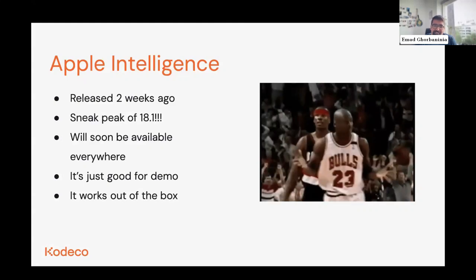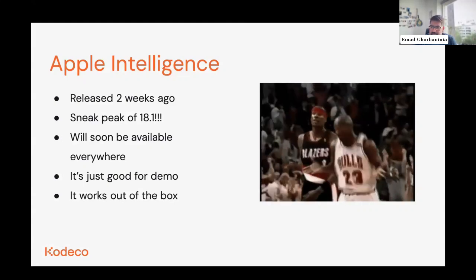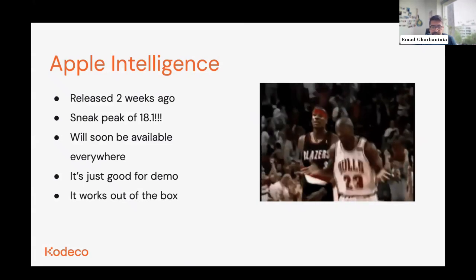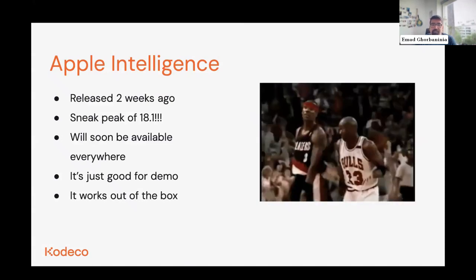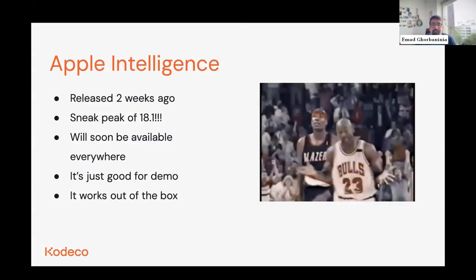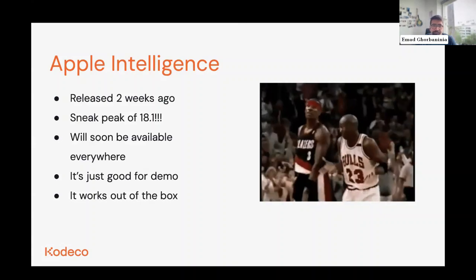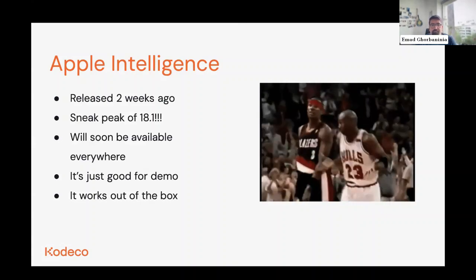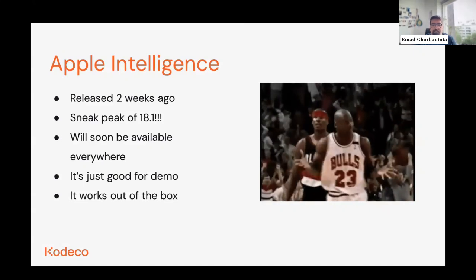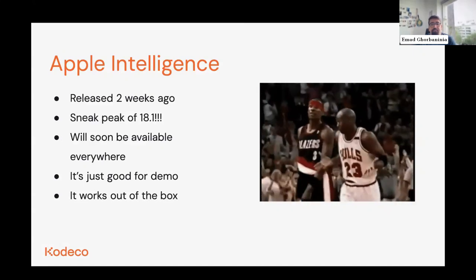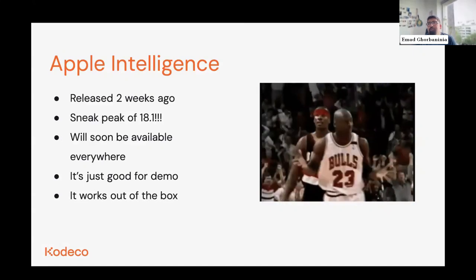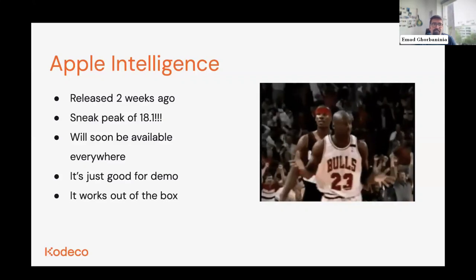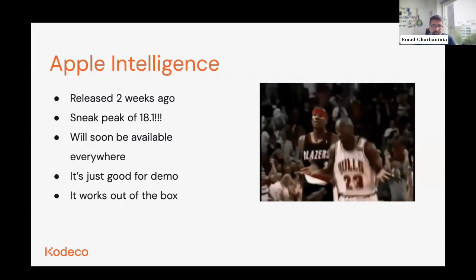So Apple Intelligence was released 2-3 weeks ago, and last night Apple released another version. But the fun part was we got the sneak peek of 18.1, which is rare that Apple in the beta version releases one extra version to just give us access to extra features, which we do know will not come in September as a major release, but it will come later on.